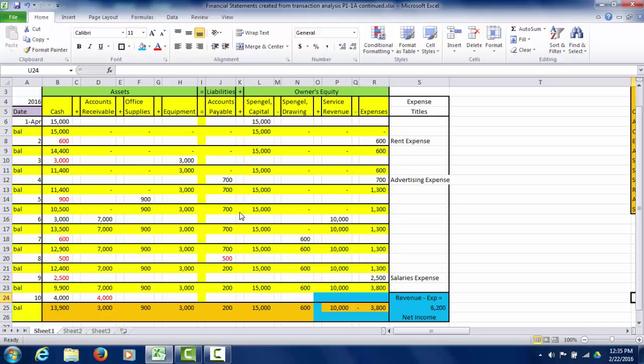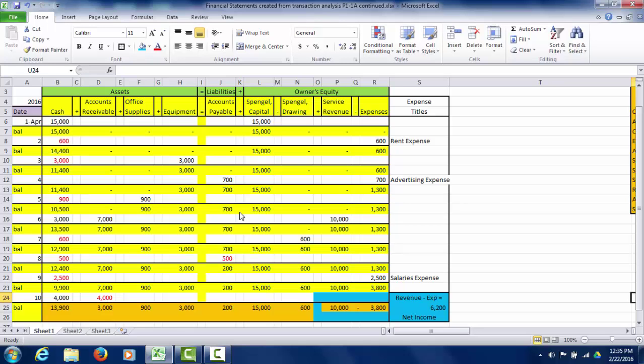On top of that, we were also asked whether or not this company ended up with a net income or a net loss. And as you can see at the bottom with the blue highlights, this company ended up with a $6,200 net income. If you recall, the way you calculate net income is you look at your revenue total and you look at your expense total.